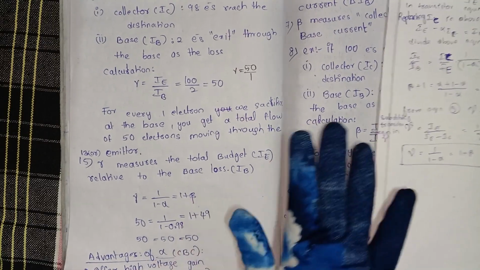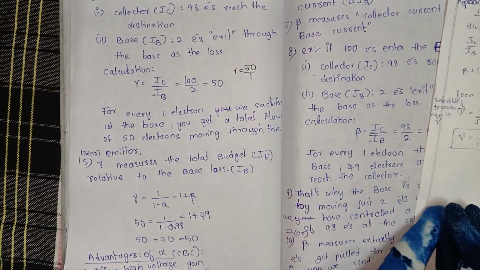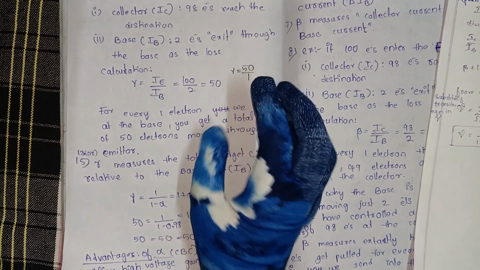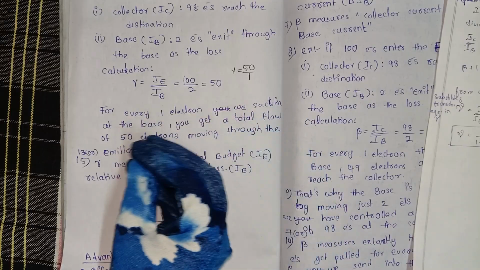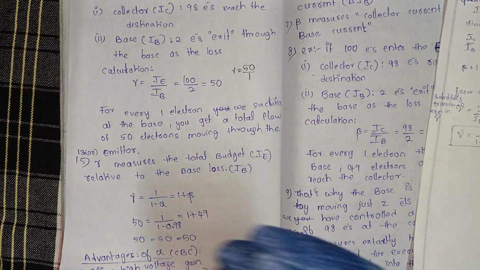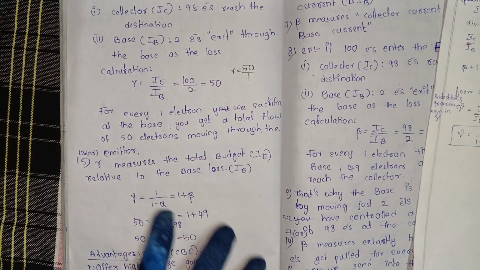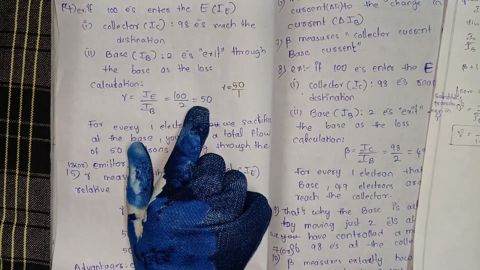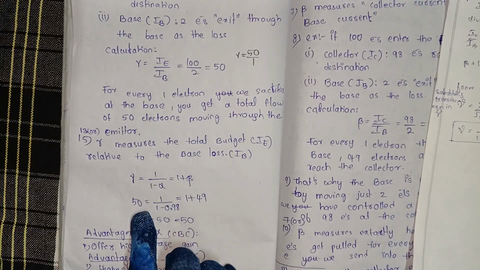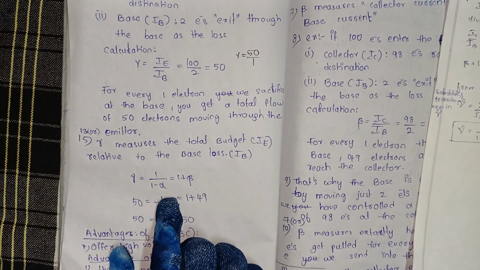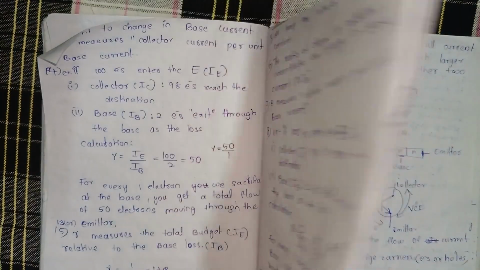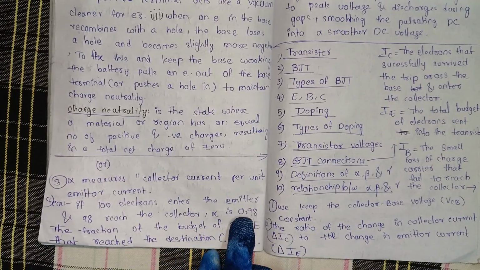So we are checking this equation by our example, that is 100 electrons, 98 and 2 electrons for emitter, collector and base respectively. Gamma, what we have obtained here, is 50.